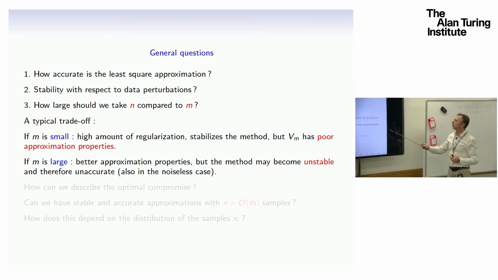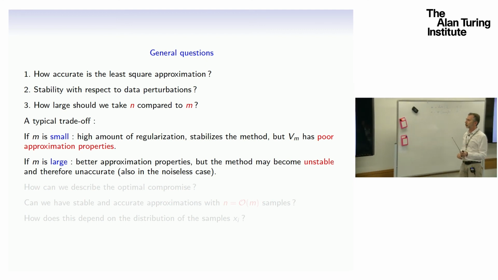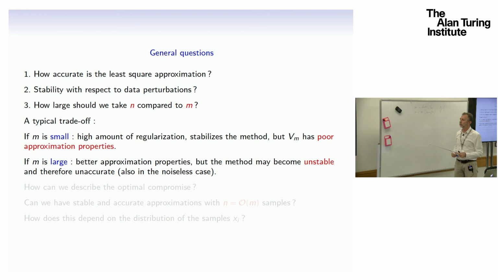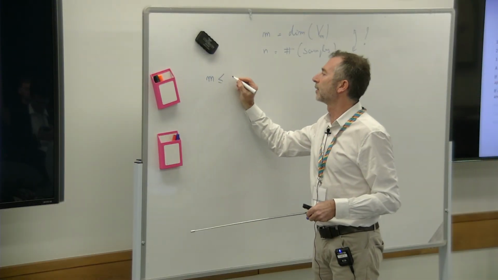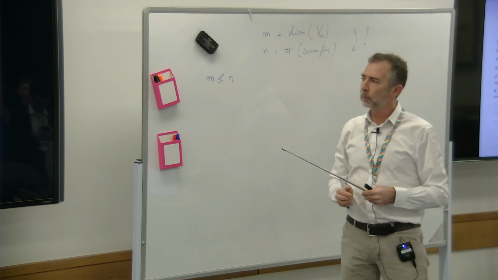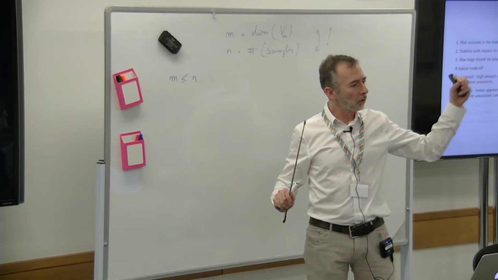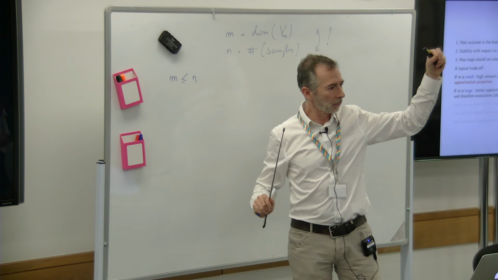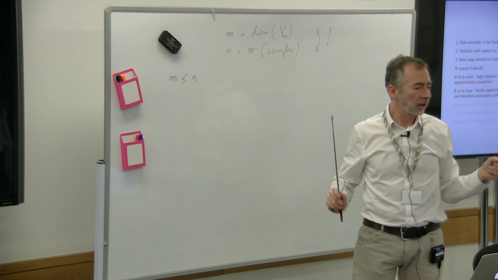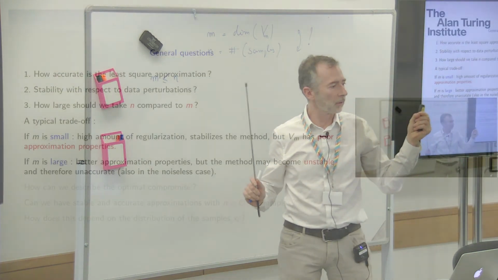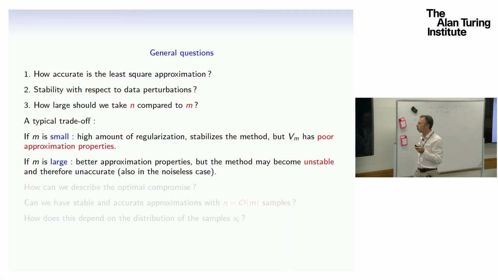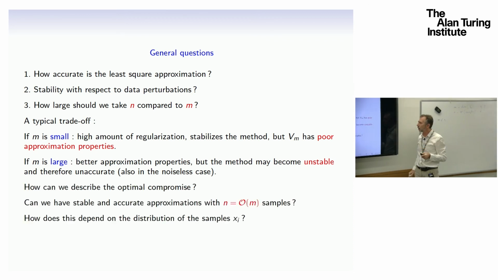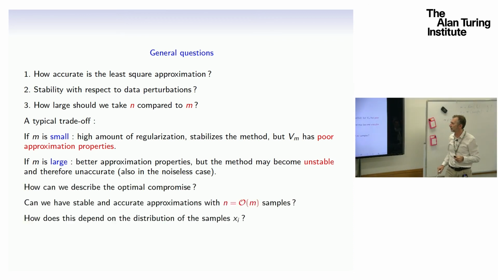On the other hand, if m becomes large, you gain in approximation property, but your method might become quite unstable. So m here, remember, is always less than n. In the case where m reaches n, you are doing some kind of interpolation. You are exactly matching your data. And you know, for example, that polynomial interpolation can be quite unstable if you place your points in a non-clever way. So the question is now how to describe this optimal compromise.